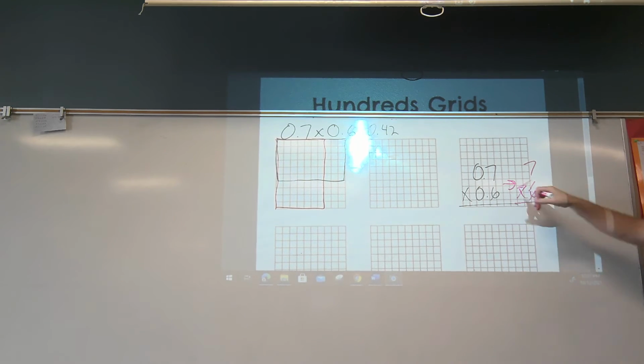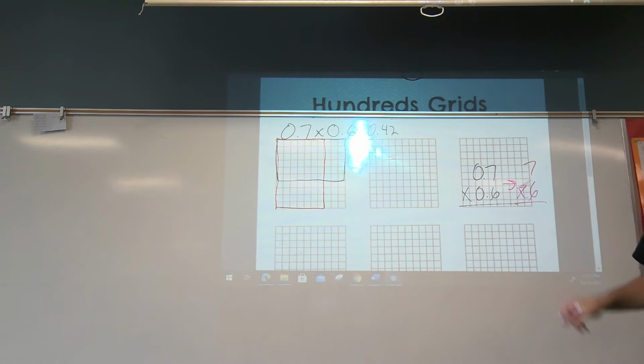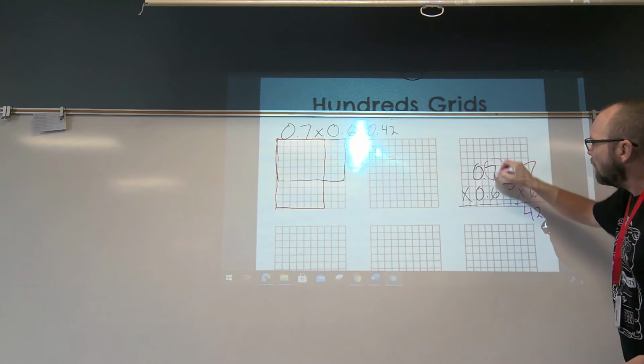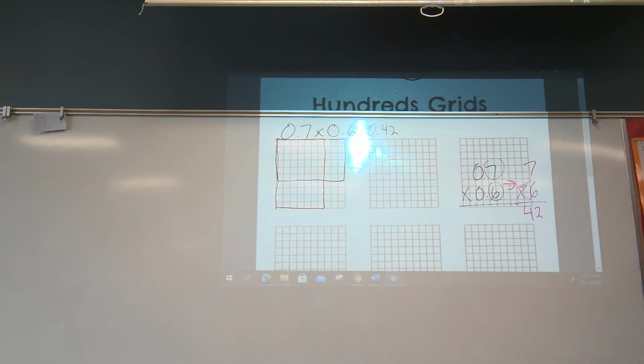And obviously, if we're rewriting it, I wouldn't put 0.7 times 0.6. That makes no sense whatsoever. So I have 7 times 6, which is 42. Then I go back and I count how many numbers are behind the decimal point in the problem. There are 2 numbers behind the decimal point in the problem. That means there needs to be 2 numbers behind it in the answer. So we get the same thing, but I'm just showing you the standard algorithm.